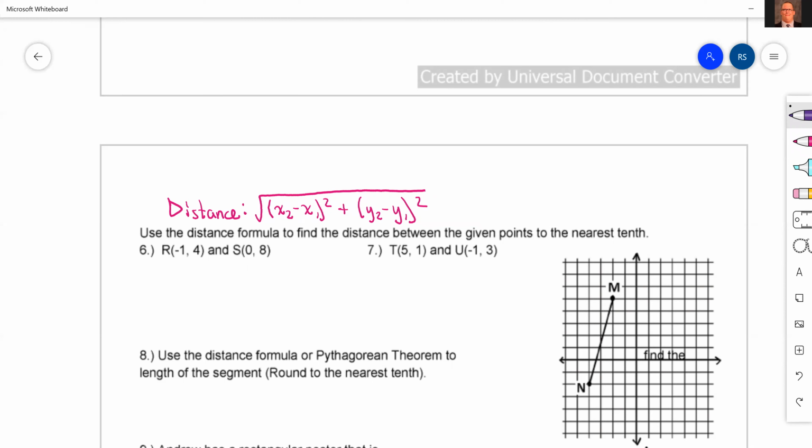So number 6, they give us 2 points, R and S. Let's label our points first. x1, y1, x2, y2. And then it just is a matter of plugging into the formula. 0 minus -1 squared plus 8 minus 4 squared.